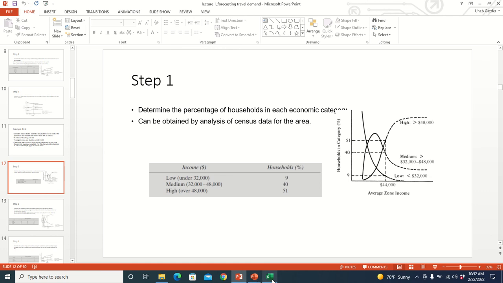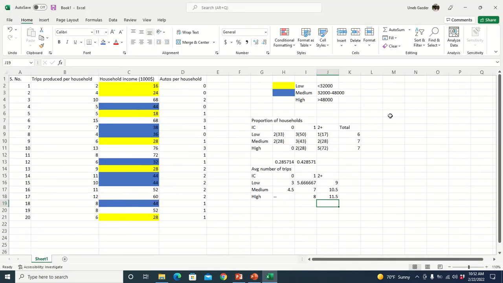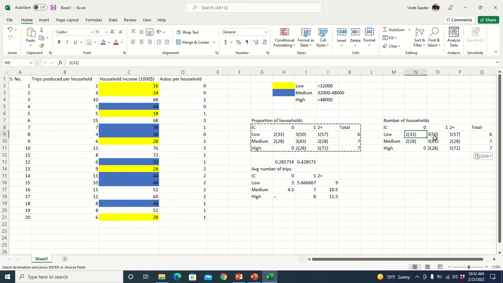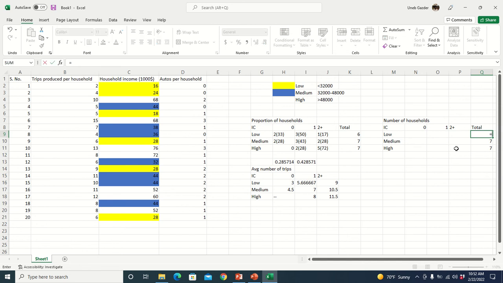Okay, so I will prepare another matrix here which will show me number of households. Okay, and I will be using this. Okay, so that entire area has 60 households. Out of 60, they are saying that 9% belong to low income category.